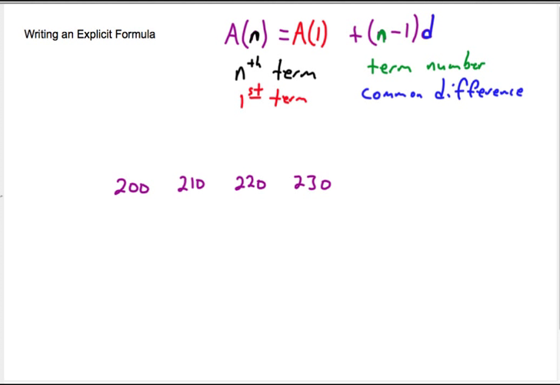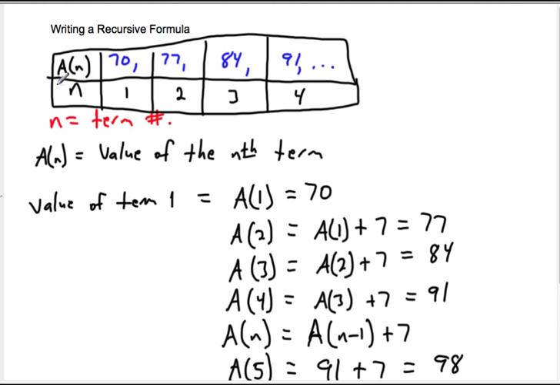And the faster way to do that is to write an explicit formula. Now, an explicit formula is an equation where you do not have to have the previous term value to get the current term value. 200, 210, 220, 230. And then just like in the previous example where I made this table here, we're going to label the terms, the nth terms, and label the values.